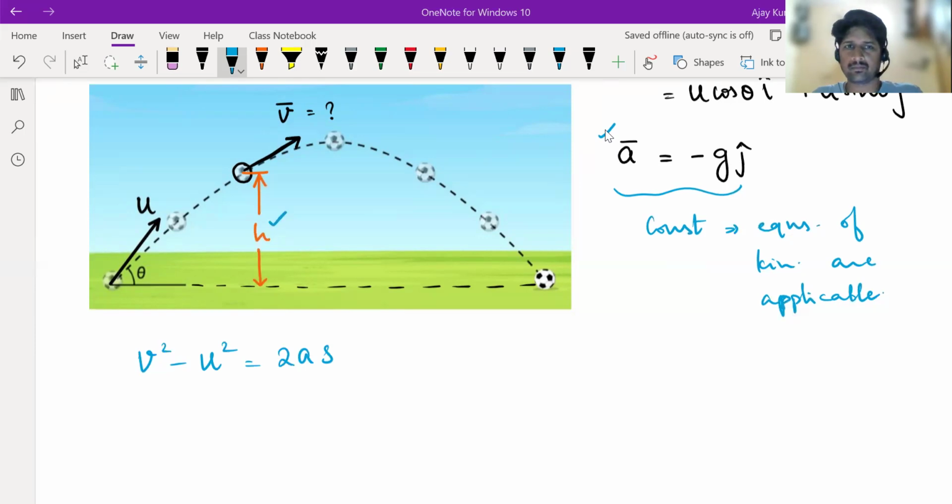Sir, final velocity, V. Okay, this is what we need to calculate. Okay, we know u. We know a. What about s? First tell me, in v square minus u square is 2as, what does s mean? Sir, displacement. Displacement, correct. Do we know the displacement of the ball?